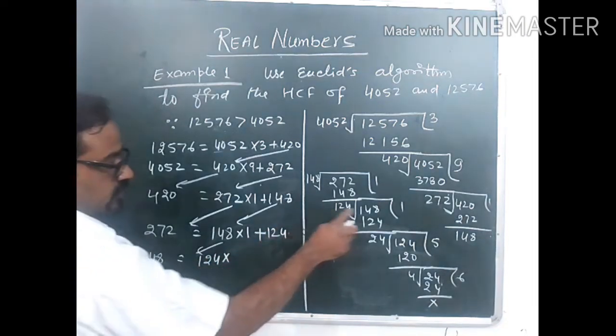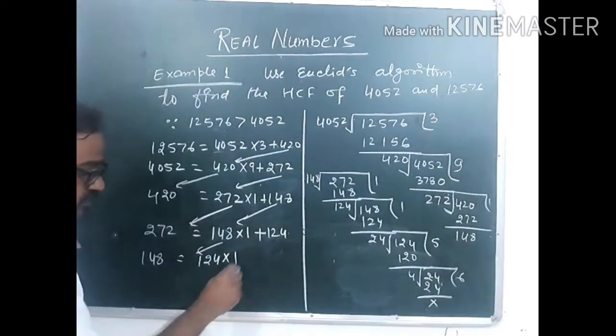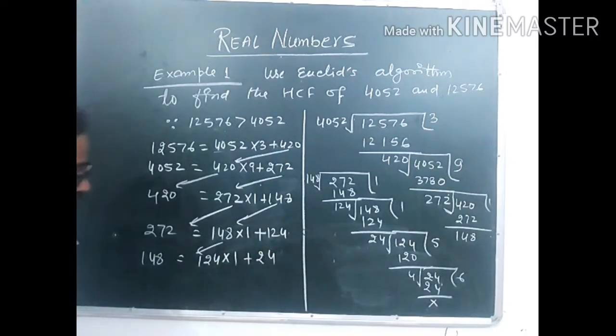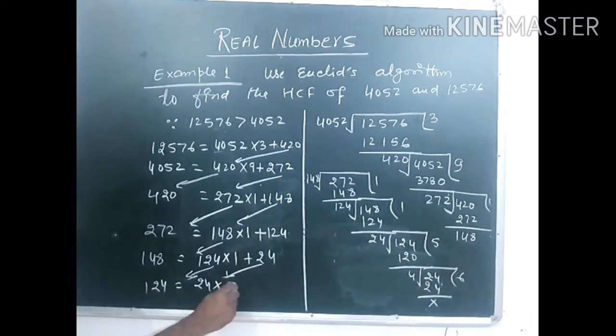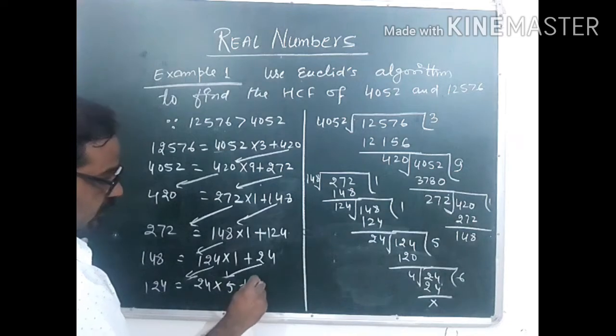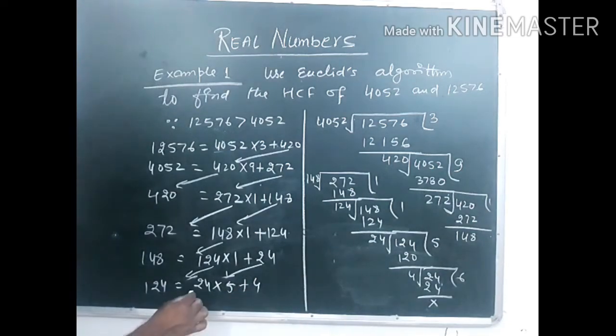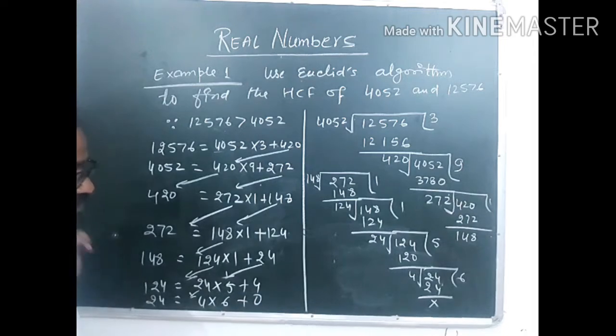The quotient is 1 and the remainder is 24. In the next step, 124 is the dividend and 24 is the divisor. 24 fives are 120, remainder is 4. Then in the last step, 24 is the dividend and 4 is our divisor. 4 sixes are 24, remainder is 0.